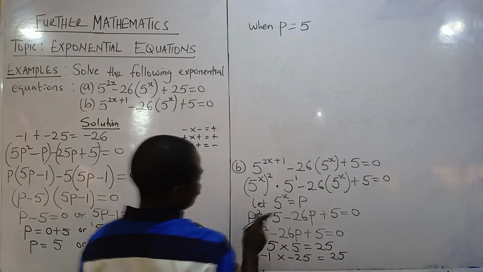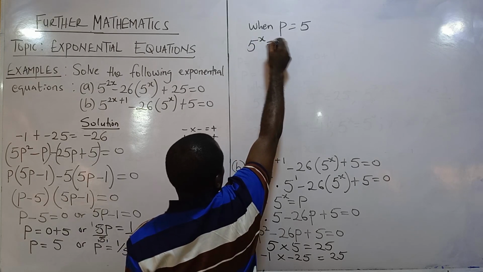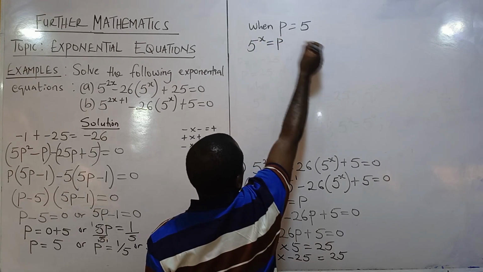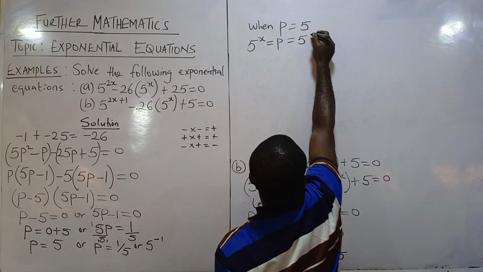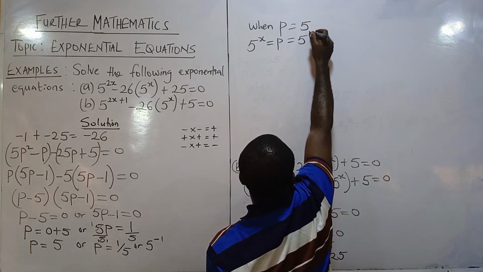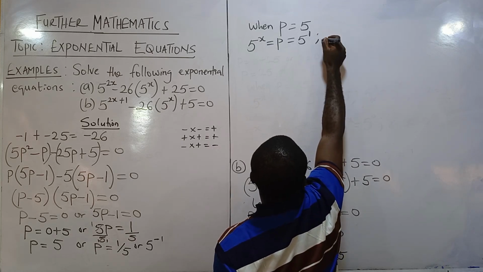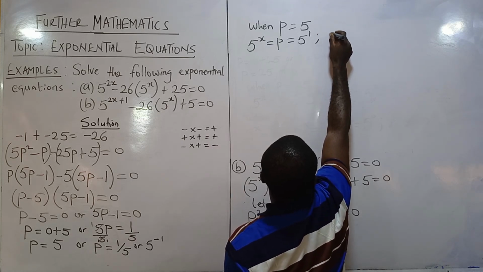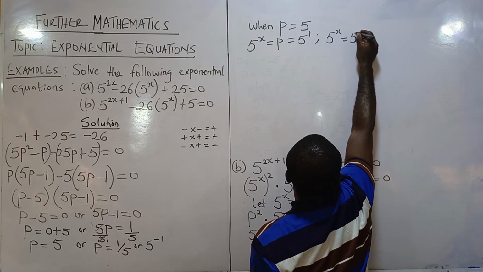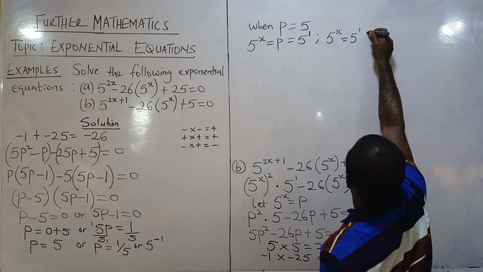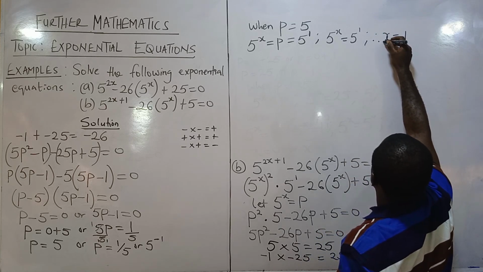Go back to this expression, 5 raised to power x equals p, which equals 5, and let's put 1 on top because it's still the same thing. We are interested in the index. Since you have it like that, 5 raised to power x equals 5 raised to power 1. Can I equate them? Therefore x equals 1.